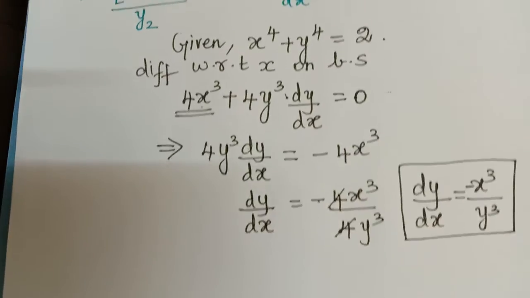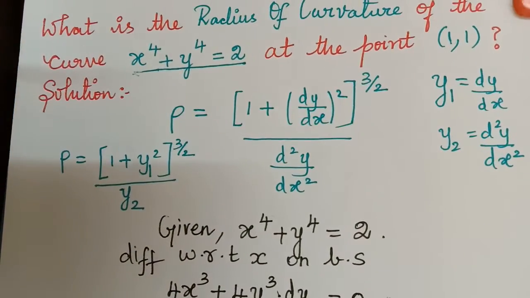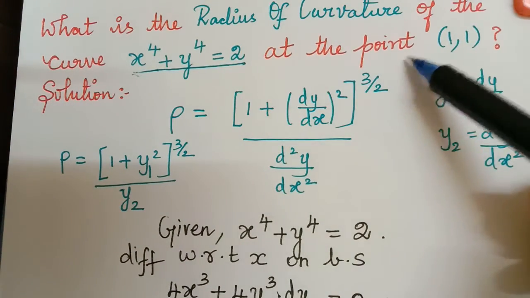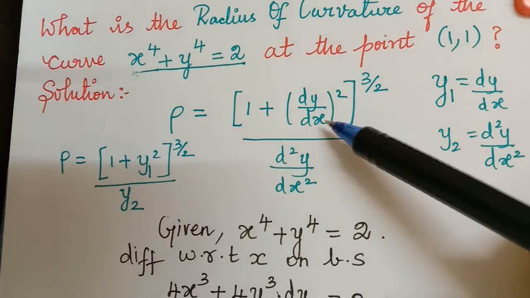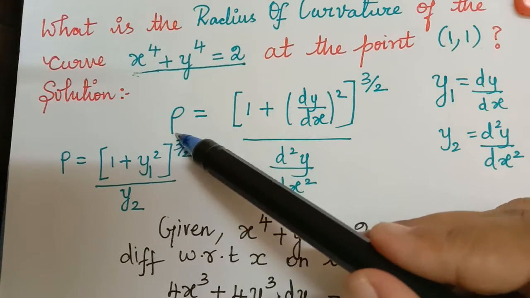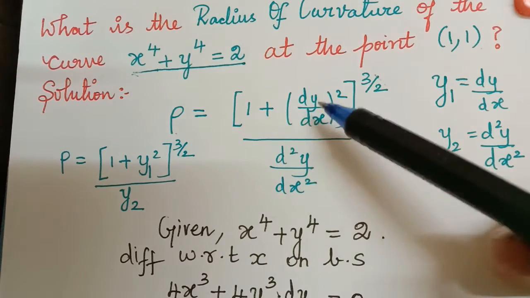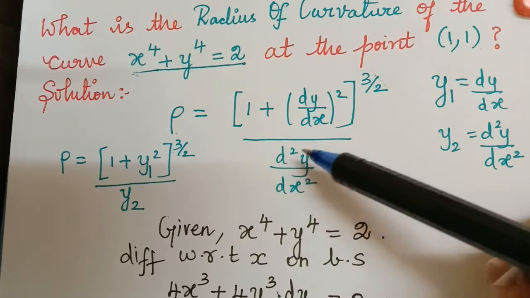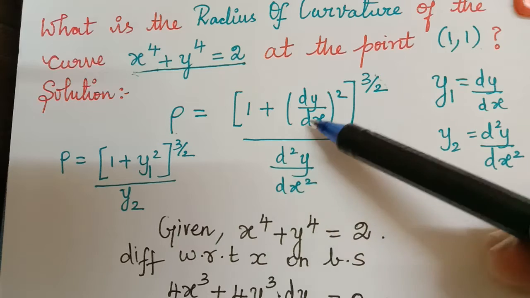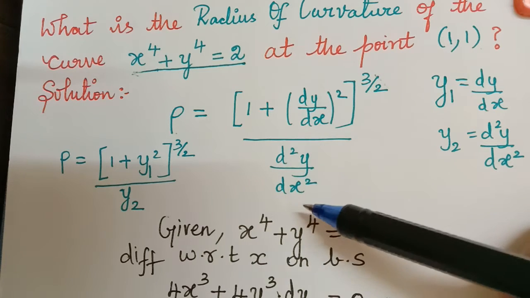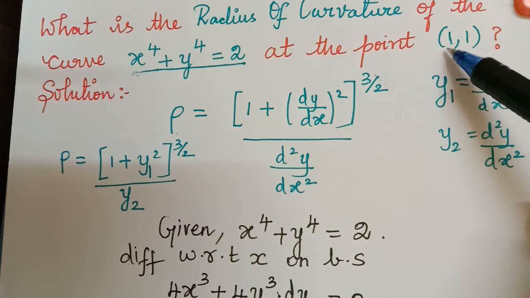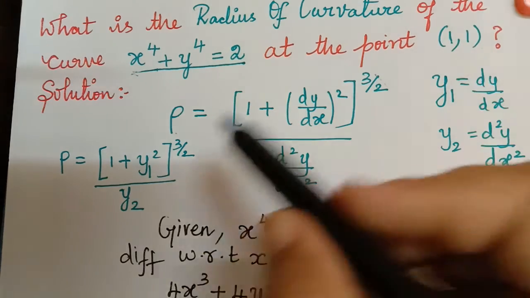Now here in the question we can see that they are asking us to find it at the point (1, 1). Actually we have to find the radius of curvature by using this formula. For this we need dy by dx and d squared y by dx squared, so that we can substitute those two in this formula. But they are asking us to find it at the point (1, 1).